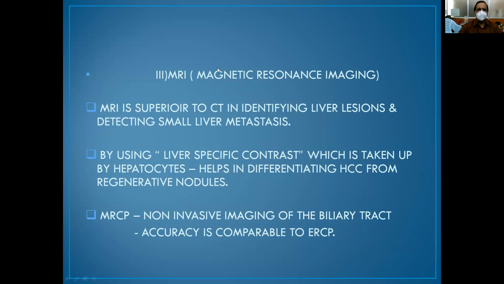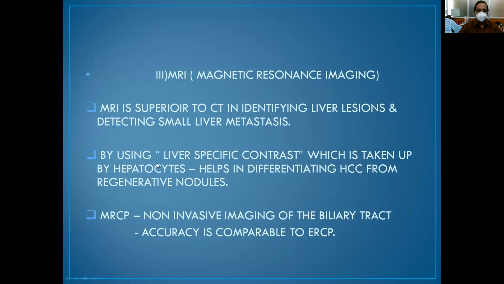And MRI is a very useful investigation, and it has the fewest complications or side effects, because CT involves exposure to X-rays, but MRI uses magnetic fields and radio waves. So it is superior to CT in identifying liver lesions and detecting small liver metastasis.